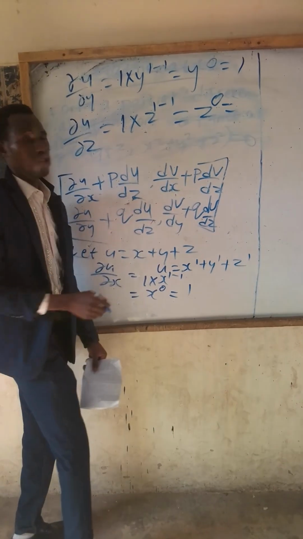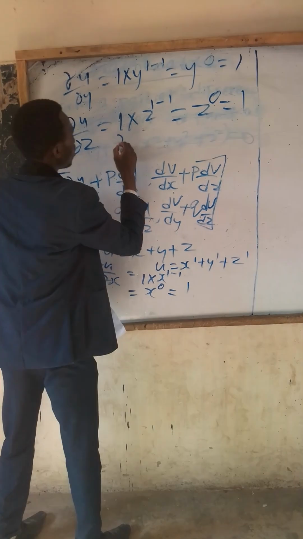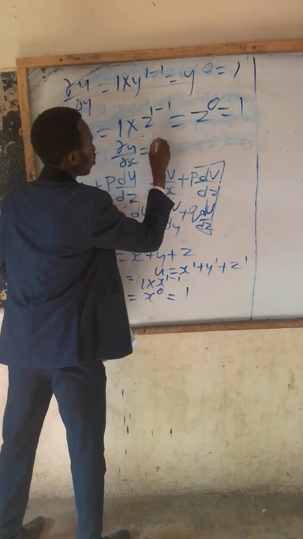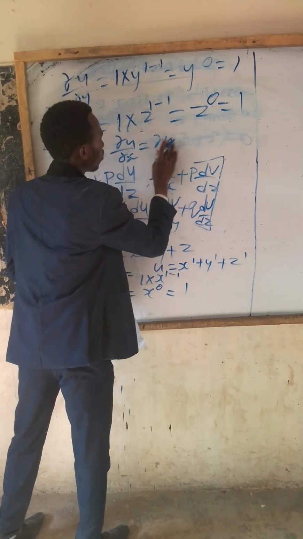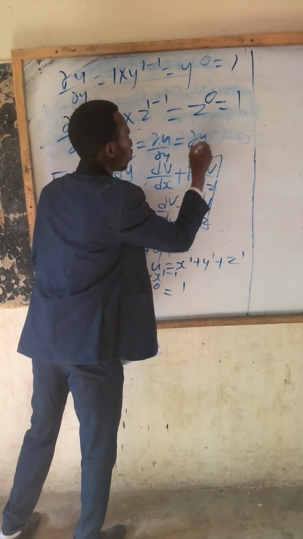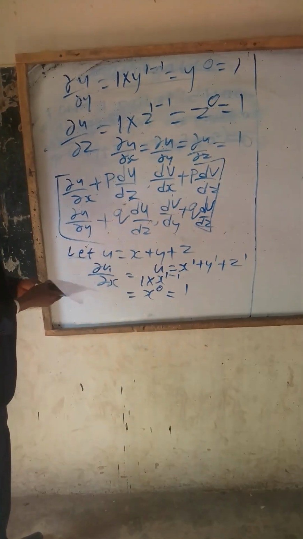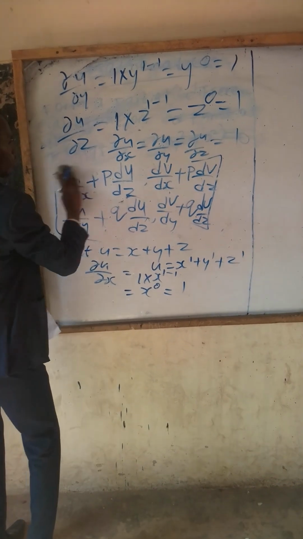So anything raised to power 0 is 1, according to those principles. So you're going to agree with me that du/dx equals du/dy equals du/dz. Everything equals 1.